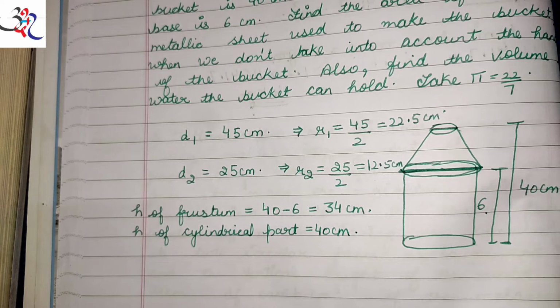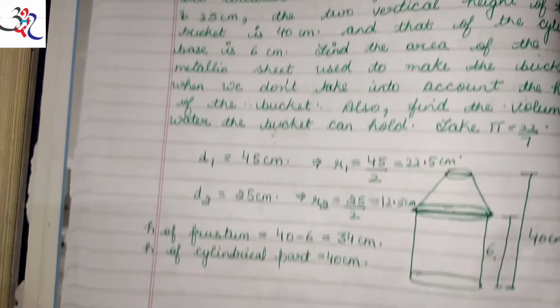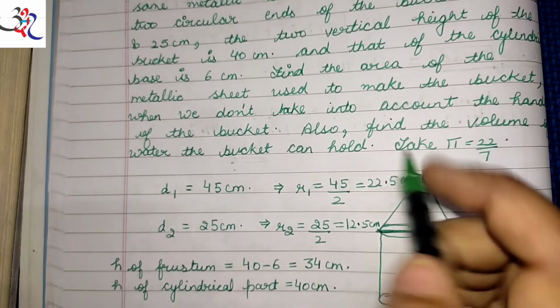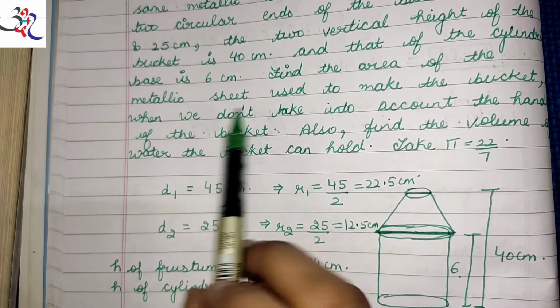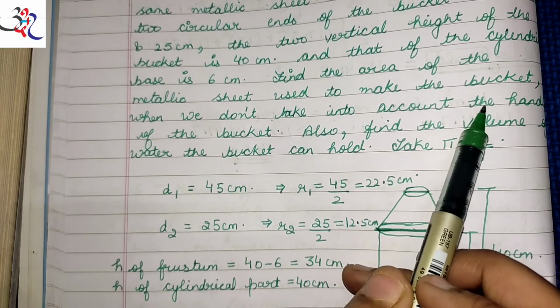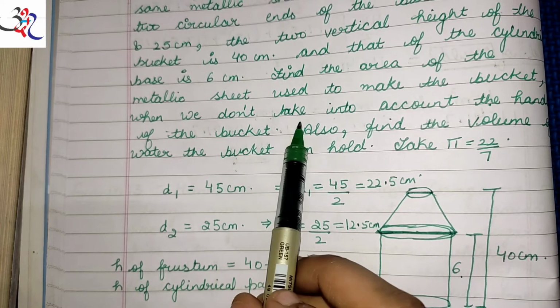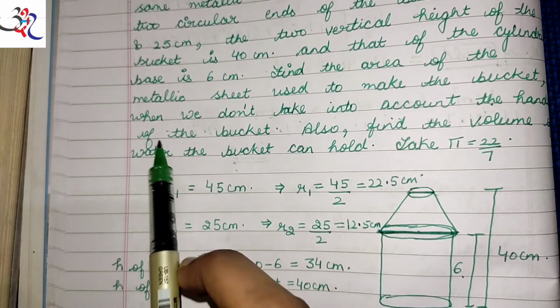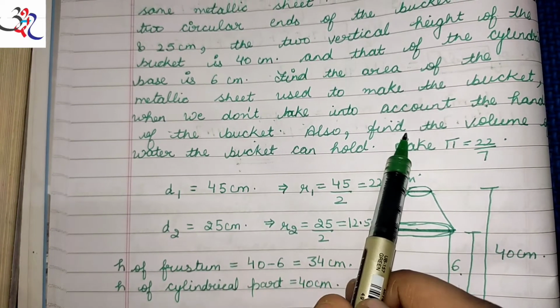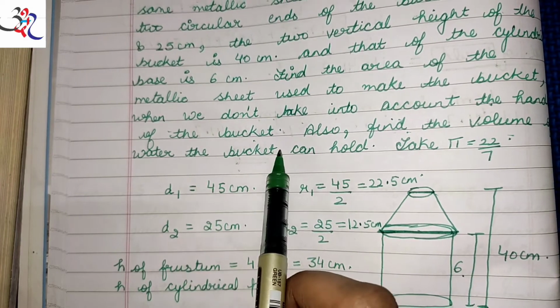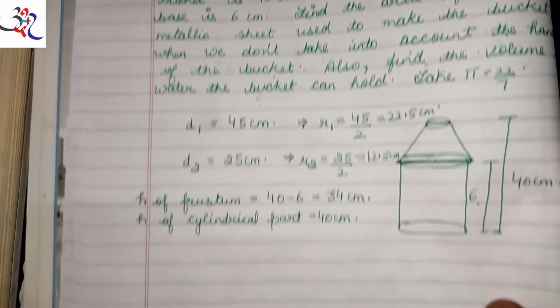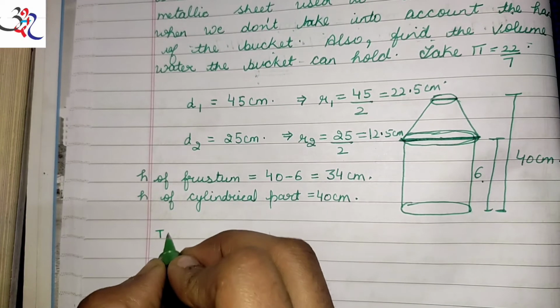So let's see what is given next in the statement. The statement says: find the area of the metallic sheet used to make the bucket when we do not take into account the handle of the bucket. Also find the volume of the water the bucket can hold. So we have to find out two parts in this question.